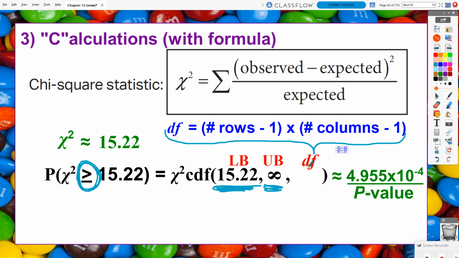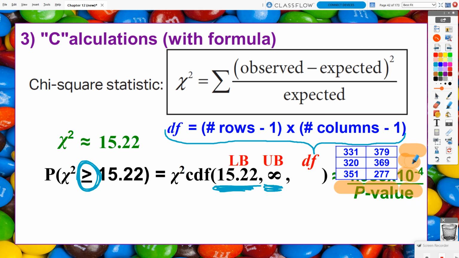Now, for degrees of freedom, this is going to be different than the goodness of fit problem. The degrees of freedom for a test of homogeneity, and also for our third and final test, the chi-square test in video 3, will just be the number of rows minus 1 times the number of columns minus 1. We have to remember we're only supposed to be looking at the actual counts here, not the subtotals, because that's where sometimes people get into trouble.